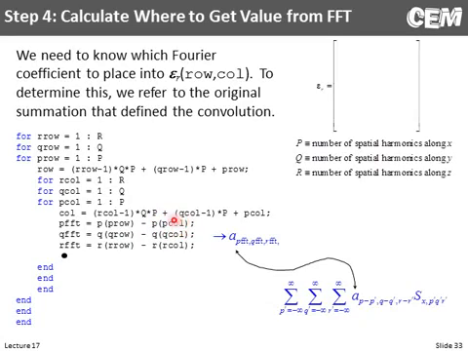This is essentially P prime, because this is talking about P columns, and the prime indices are stepping left to right through the matrix. And this is P row, which is stepping down. So this is P, and this is P prime. Likewise, where is the Q index in the FFT? It's Q minus Q prime. And then R in the FFT is R minus R prime. So in fact, we now know where we're going to get the number from, and we know where we're going to put it.